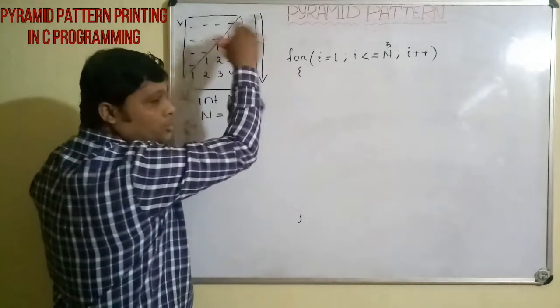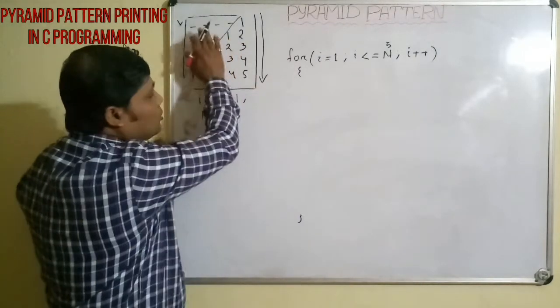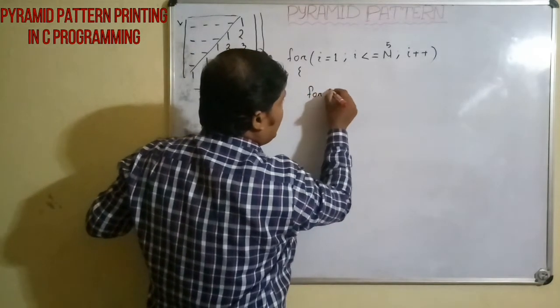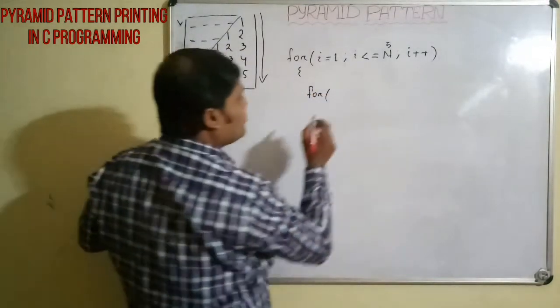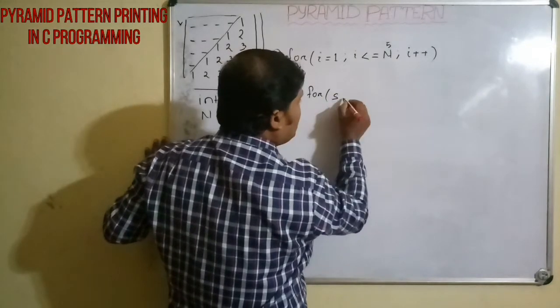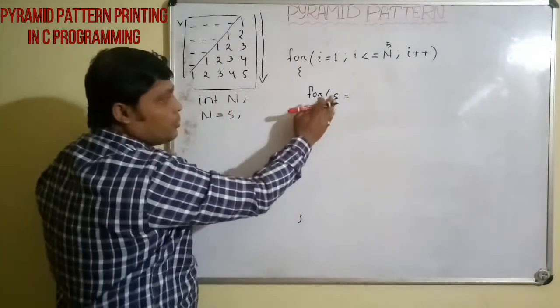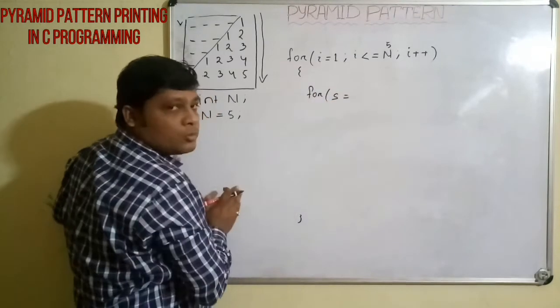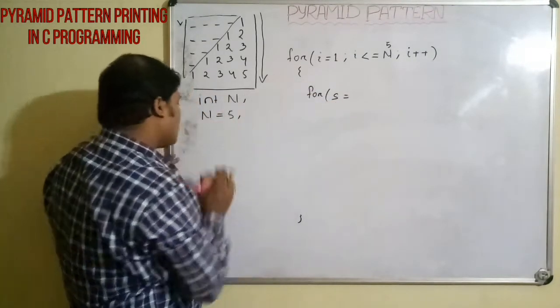Because multiple spaces are there, just see what will be this loop. For spaces, I have to take another loop. Suppose the variable is S. From which value S will start and in which value S will end, just see the condition.